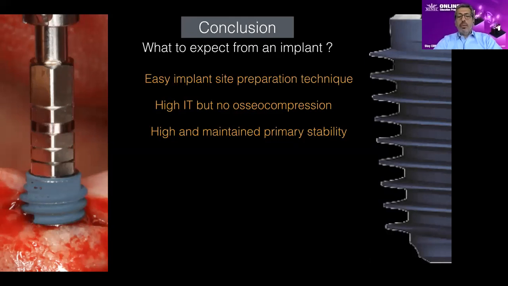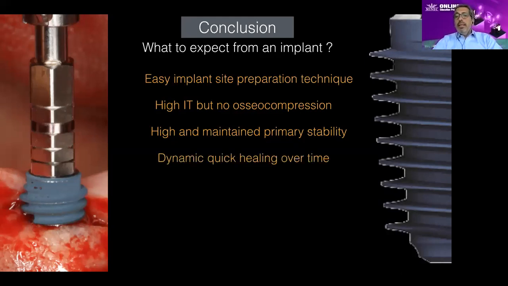And what is most important is that we had a maintained primary stability, which means that at 1, 2, 3, and 4 weeks when we did our measurements, we did not lose significant stability over these implants because bone was not disturbed, bone was not compressed, and we had a proper healing around this implant.